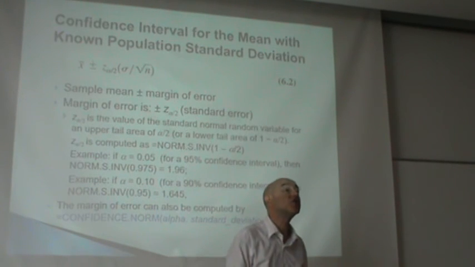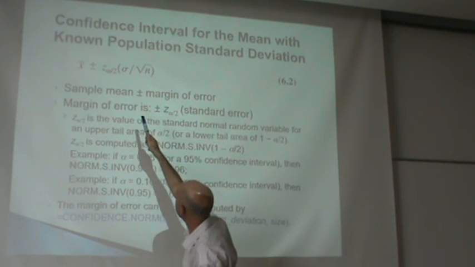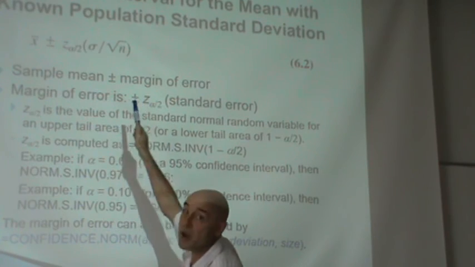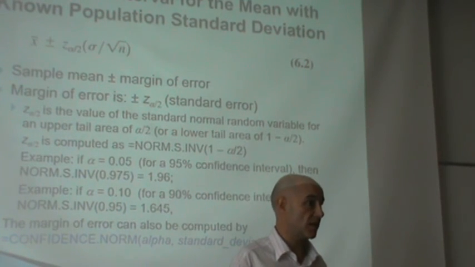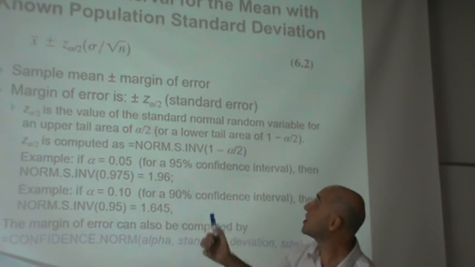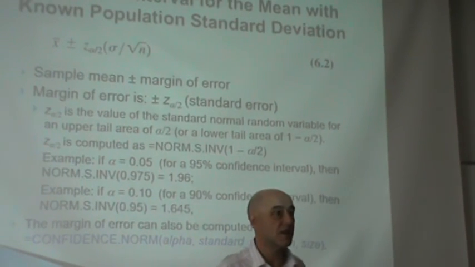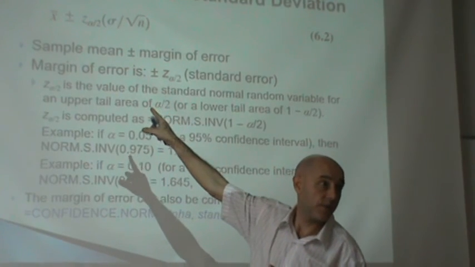And the calculation is very simple. This part over there, sigma over square root of n, that's the standard error of the mean, okay? And z over there will depend on the level of confidence. The level of confidence is the alpha, okay?